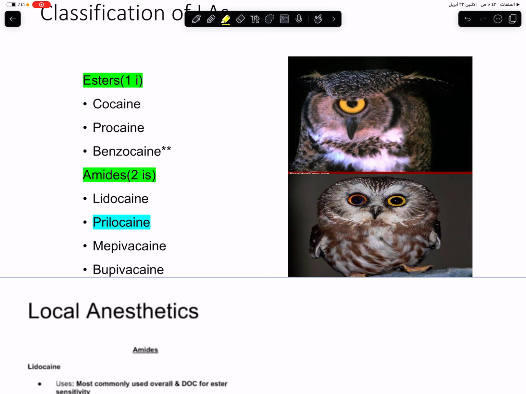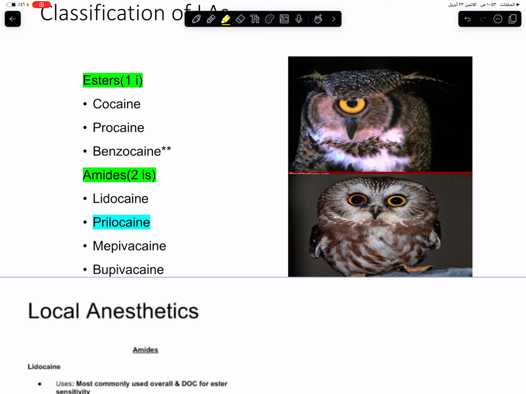Although normally we don't use esters in dentistry, but sometimes if you don't have amides, or if you go to war-torn countries, like Yemen or Syria, working as social work, there you don't find the amides, they are slightly expensive.